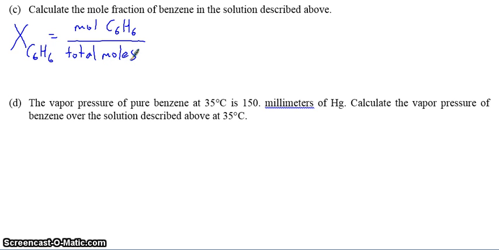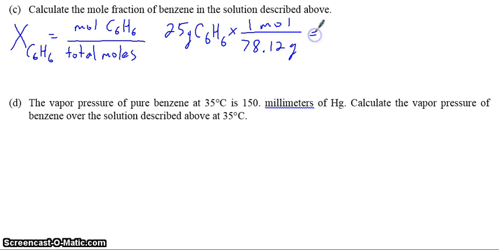The moles of benzene: we're given 25 grams of C6H6, and we can convert that to moles. If you total up the molar mass of benzene, we get 78.12 grams. So the moles of benzene is 0.32 moles of C6H6.